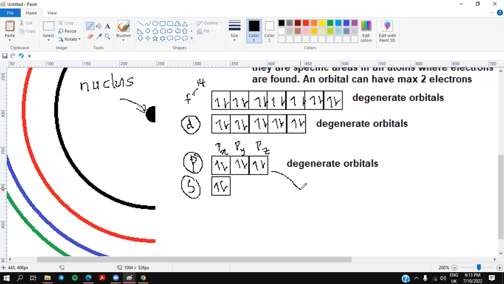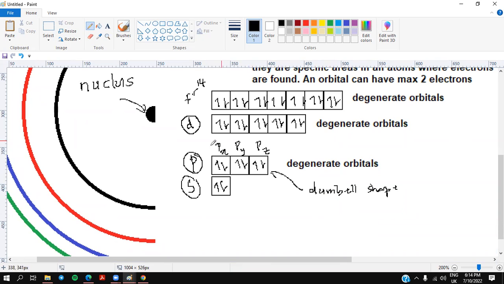These p orbitals are degenerate. Degenerate orbitals, it's given over there. These p orbitals are dumbbell shaped. How many orbitals are there? 3 orbitals. They are dumbbell shaped.